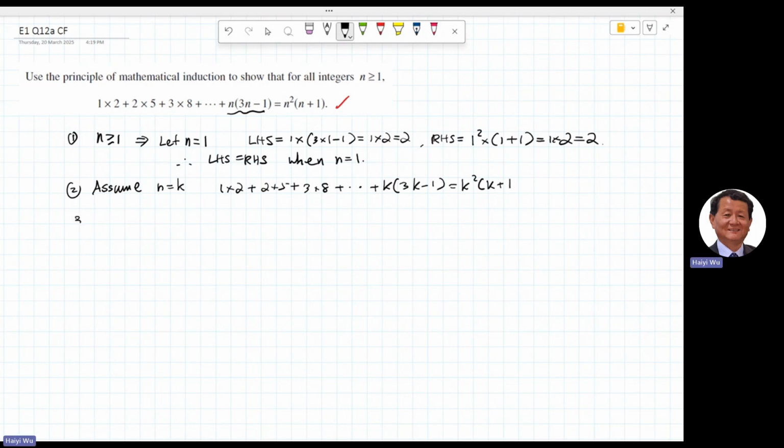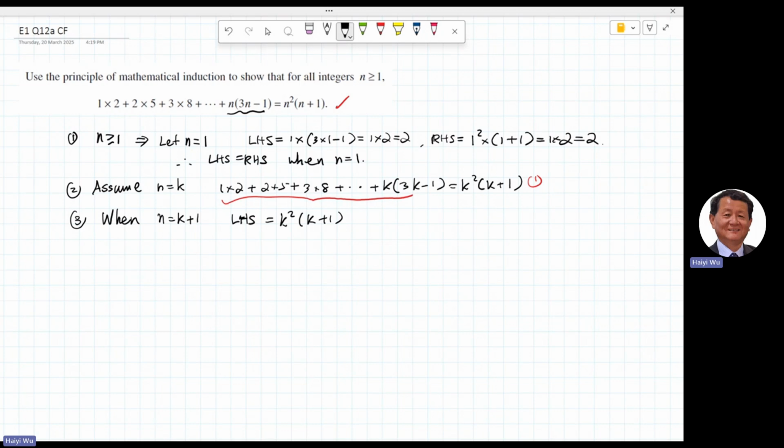So now step 3, we're going to prove it for n equal to k plus 1. For the left-hand side, we're going to use the assumption. The first k terms is equal to k squared times k plus 1.